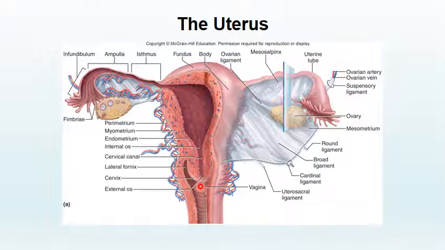It's more like egg white consistency, and so that serves as a little help for the sperm to get up through that cervix and into the uterus, because fertilization is actually going to take place down here in the distal third of the uterine tube. So the sperm has to get all the way from where it's deposited in the vaginal canal, through the cervix, up through the uterus, out the uterine tube, and then it'll meet an egg sort of down in this region.